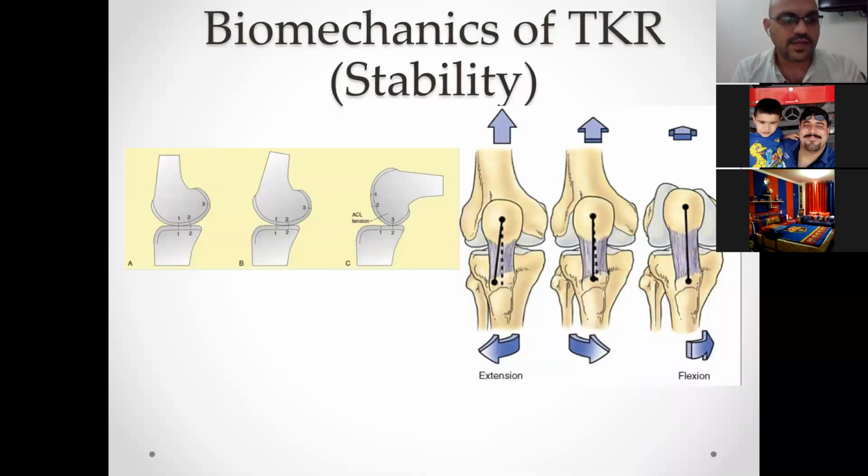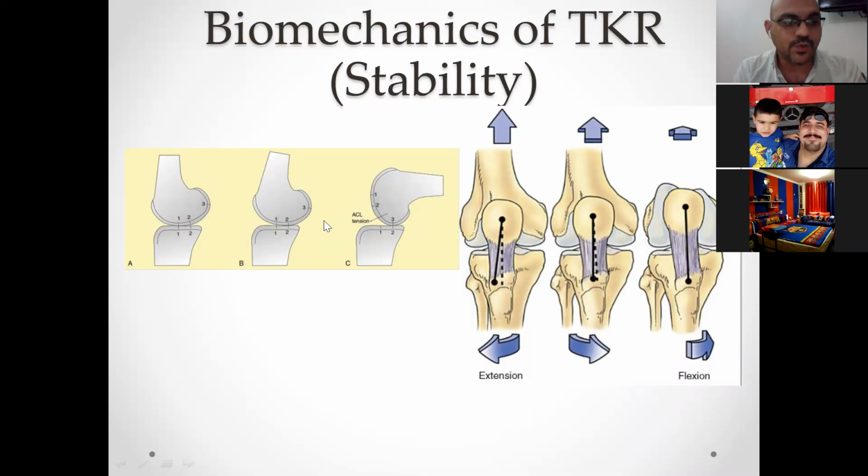So what will happen? The ACL and sometimes the PCL are removed during surgery, and these implants may add the kinematic feature of the femoral rollback, and we will discuss it in the next picture. So the implant will restrain and impede the posterior sliding of the tibia on the femur and provide femoral rollback.